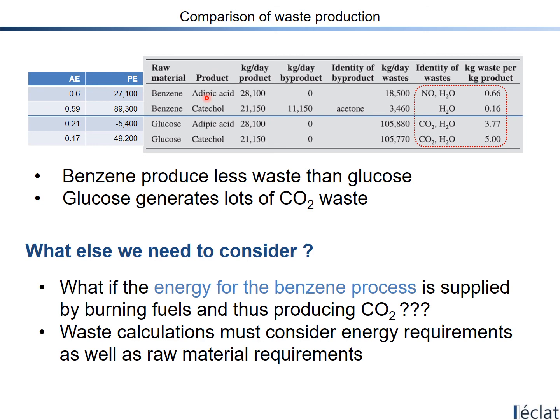Then you should heat the whole reactors. In that case, we need to think about additional CO2 production. Sometimes this CO2 amount is larger than the CO2 for the glucose. Waste calculations must consider energy requirements as well as raw material requirements.